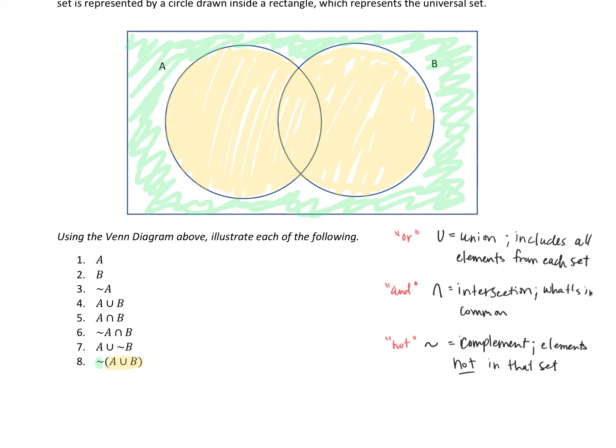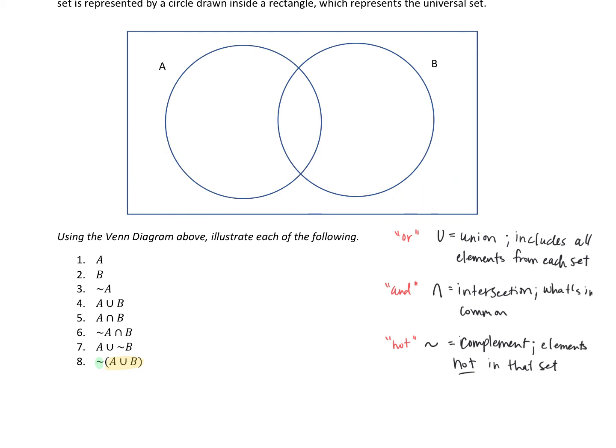So if you want me to shade it, take all that off. It's going to be everything that's outside of the circles, but within the universe. So it's all of this part. So that would be number 8.